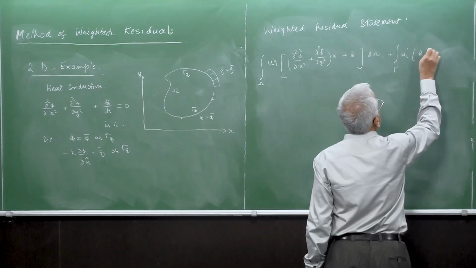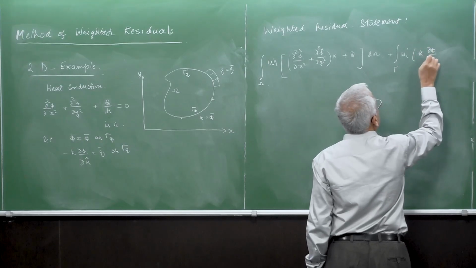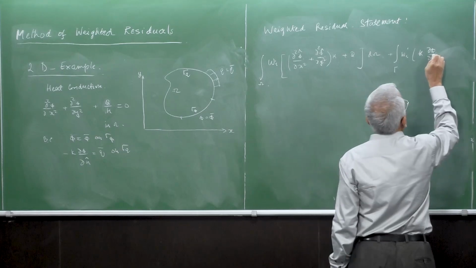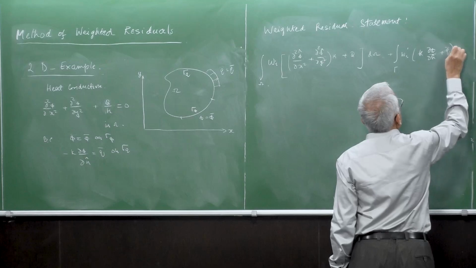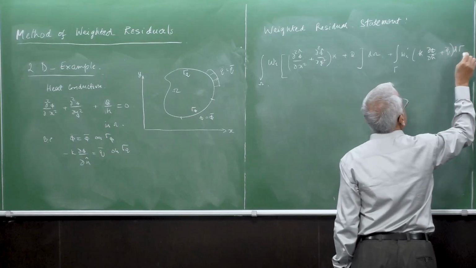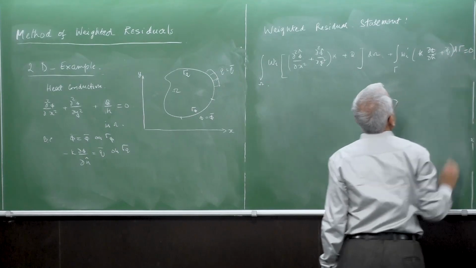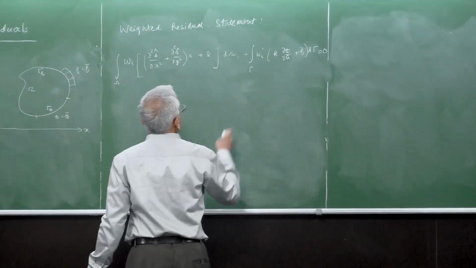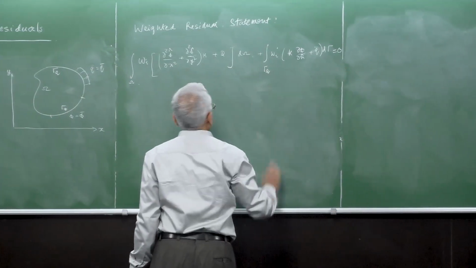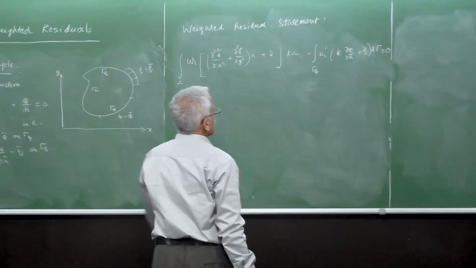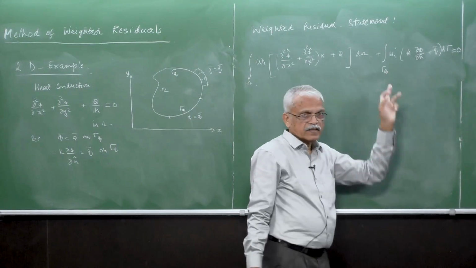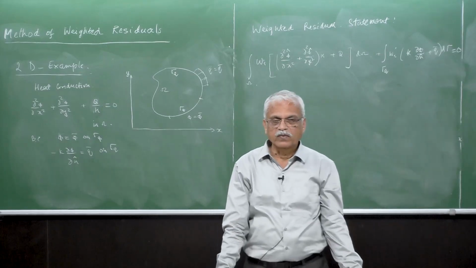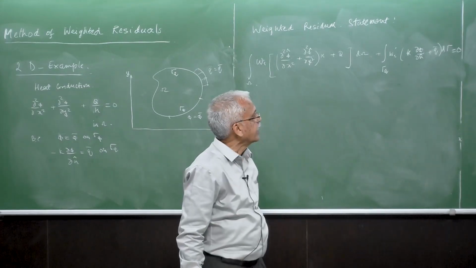k times dou phi by dou n plus q bar, and this is integrated over gamma. Okay, so here this has to be integrated over gamma q. Only this needs to be integrated over the boundary. That's where this flux boundary condition is defined.